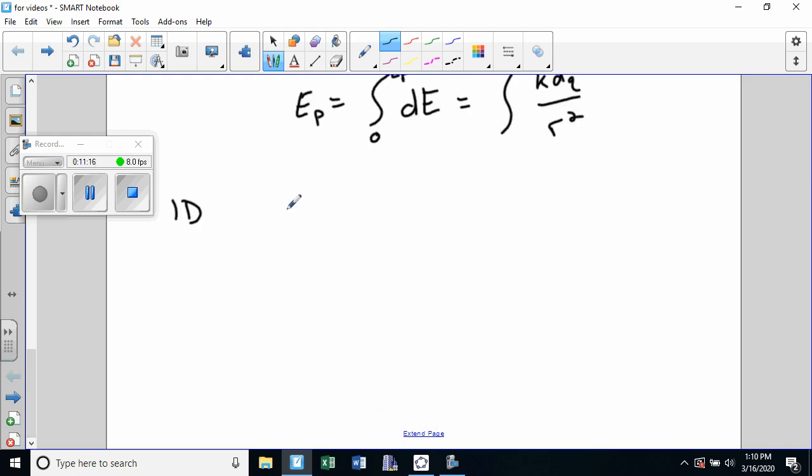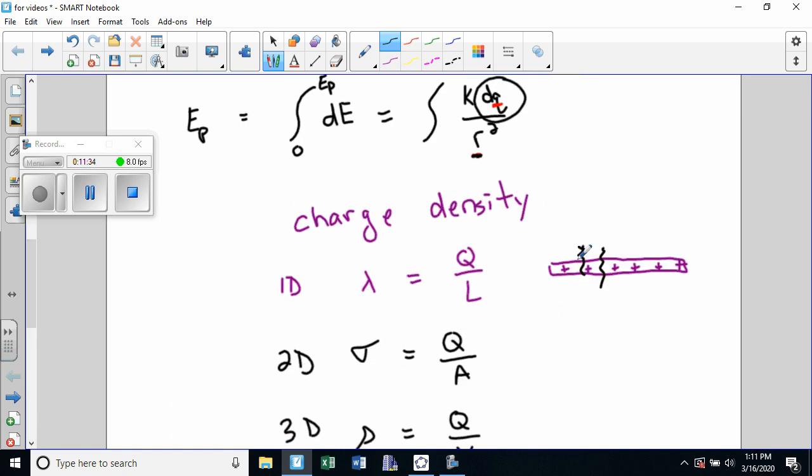I would say, okay, if lambda is the ratio of charge to length for any length of that object, total charge over total length should equal, well, if I were able to cut out one little point charge out of my bar, the length of that little cut that I made, we'll call that dx.